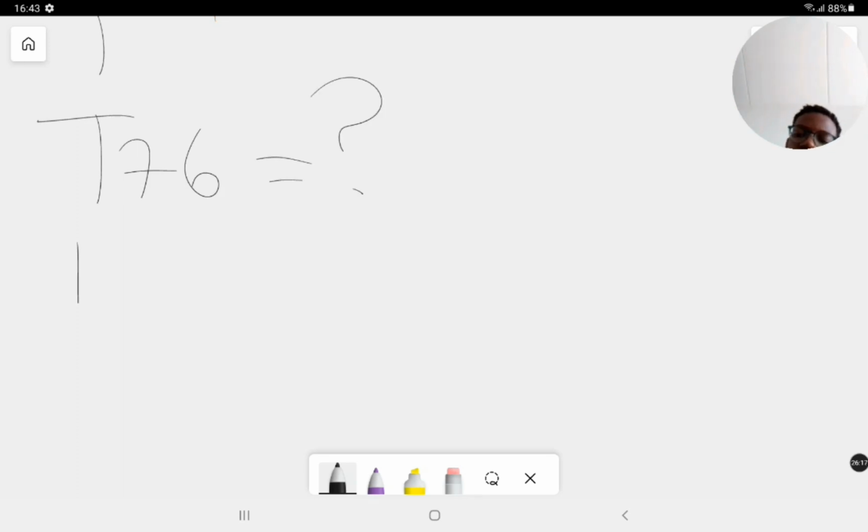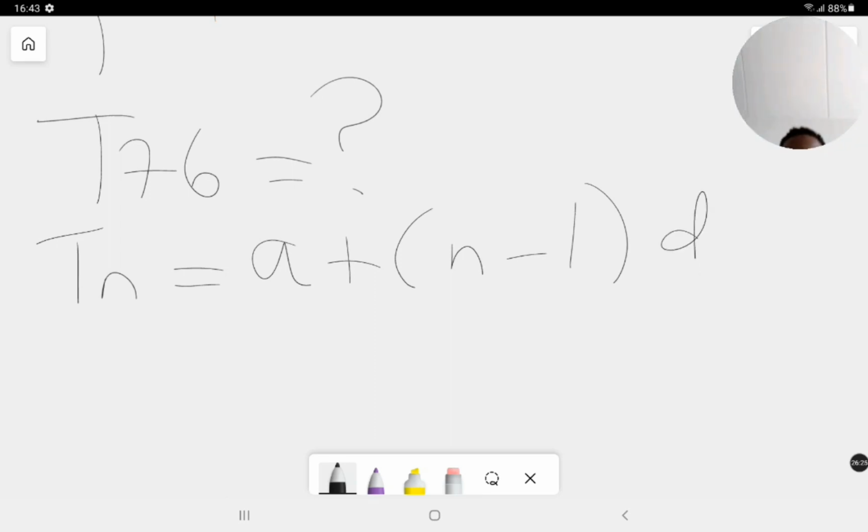Well, using the formula, you have Tn is equal to a plus n minus 1 times d. Remember what all of these terms stand for. a is the first term, d is the common difference, and n is that value there, 76. They ask you, what is T76?